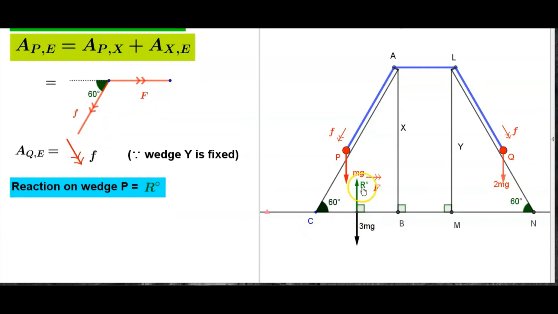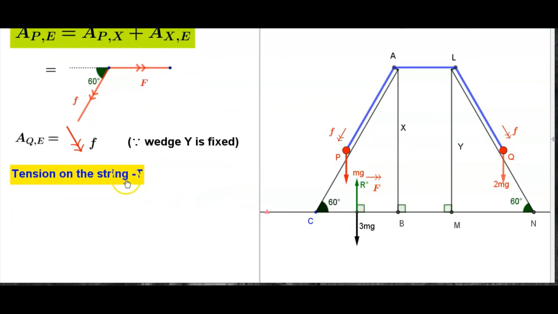This is the reaction R0 on the wedge. Tension in the string: all portions of the string have the same tension.